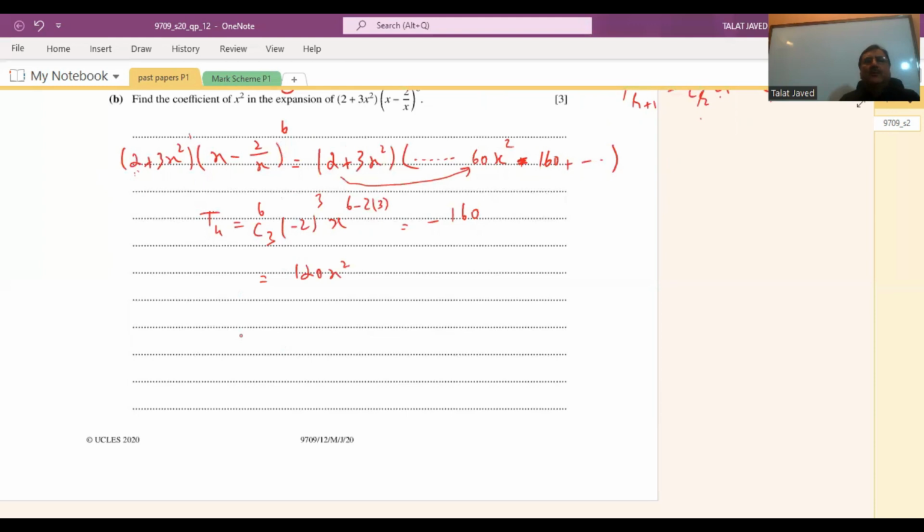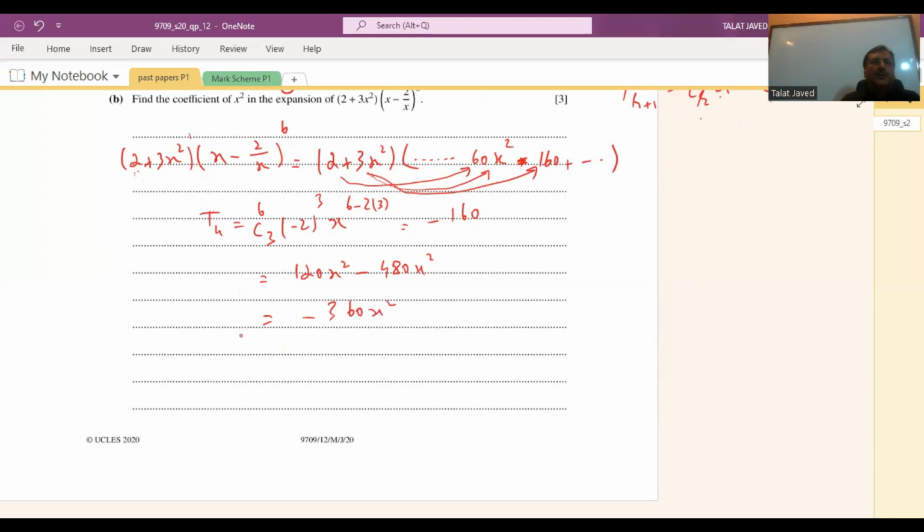So when I multiply this 3x square with this 3, that will be x raised to power 4, so we leave this term. Then we multiply 3x square by 160 and we get minus 480x square. So this will be 120 and this will be minus 360x square.